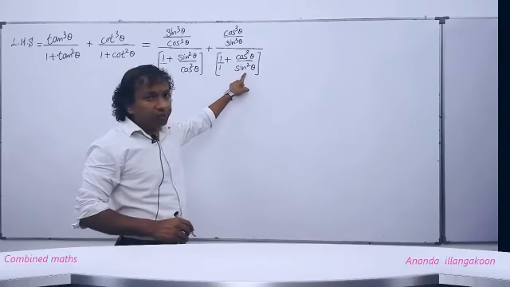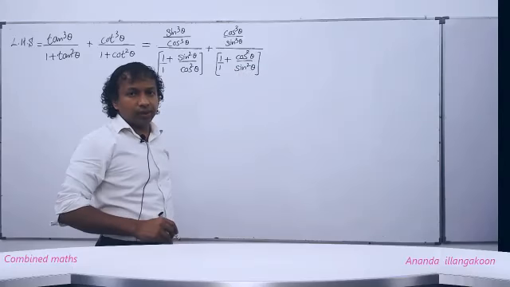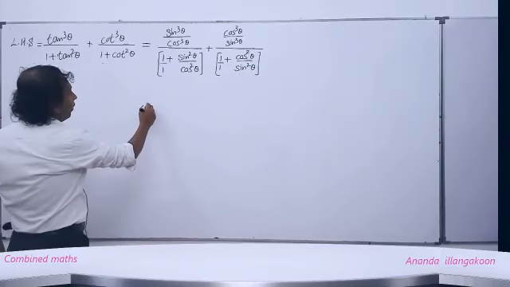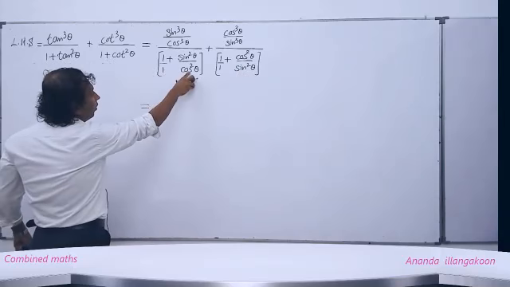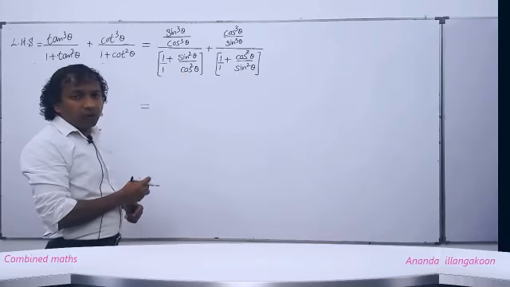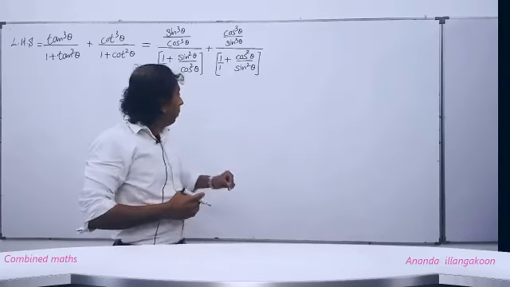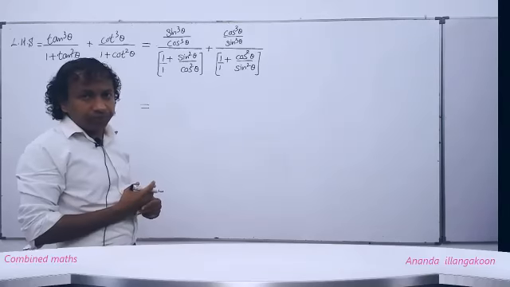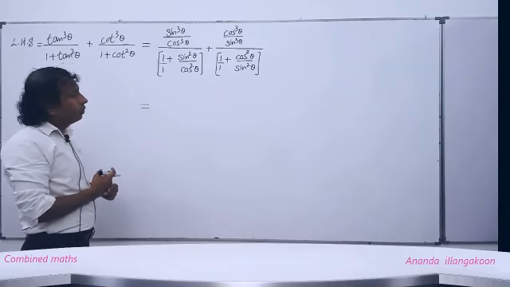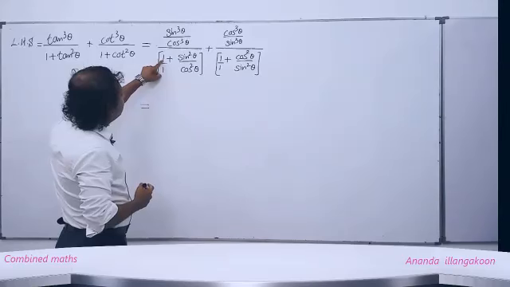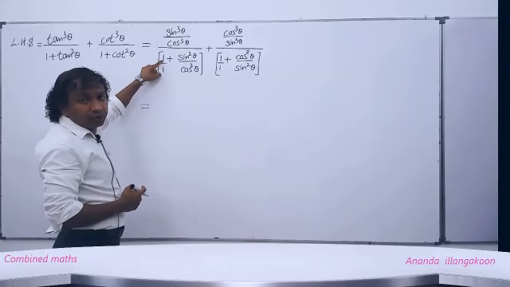Here 1 into sin square theta, common denominator is sin square theta. Then this 1 should be multiplied by cos square theta, no?